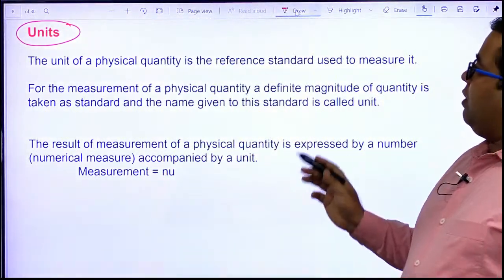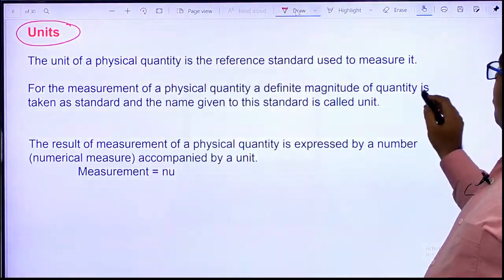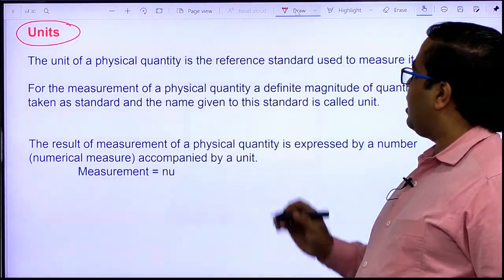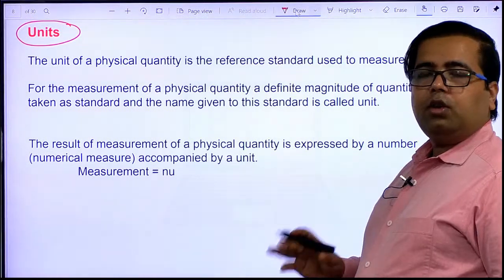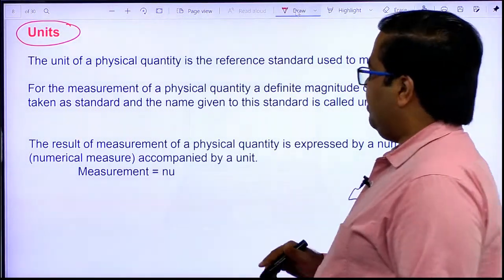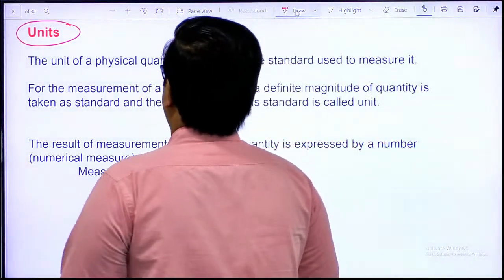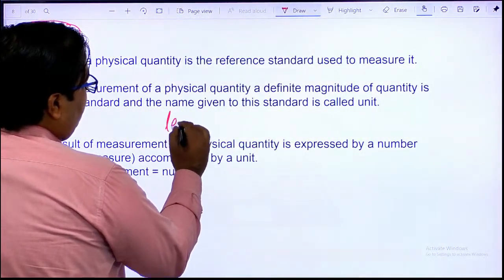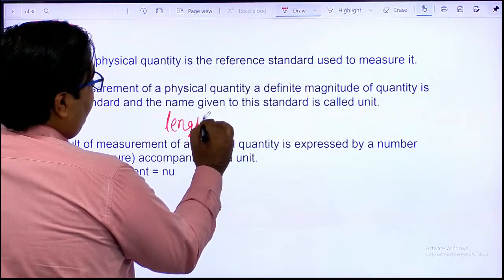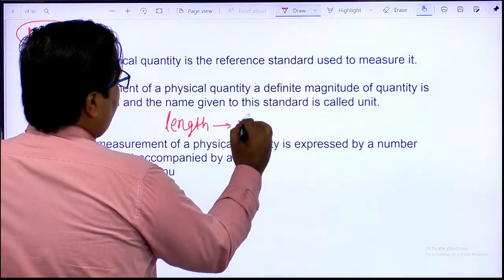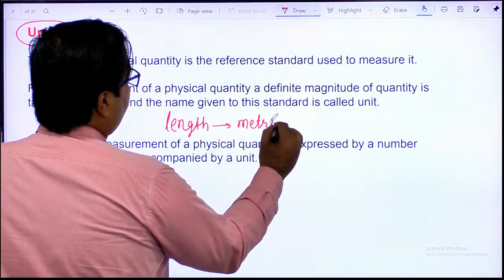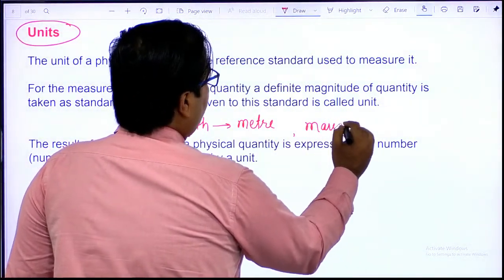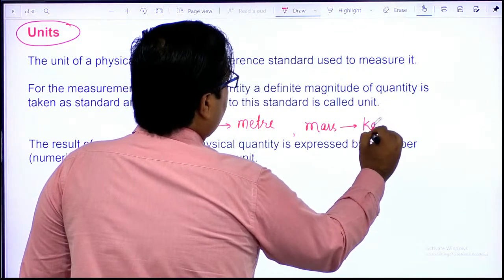To measure a physical quantity, a definite magnitude of the quantity is taken as a standard, and the name given to this standard is called the unit. For example, take length. We have given the unit meter to length. If you take mass, we have given the unit kg.